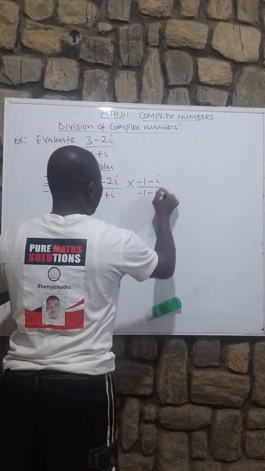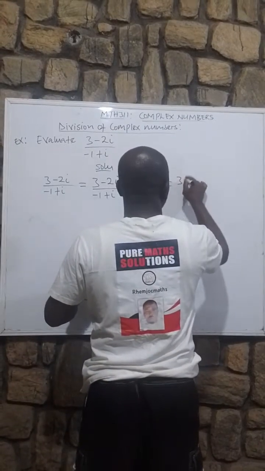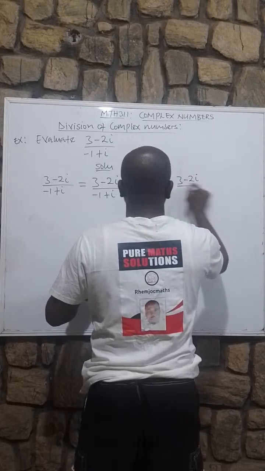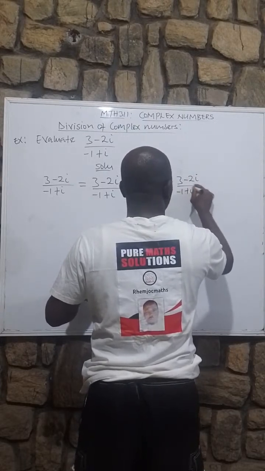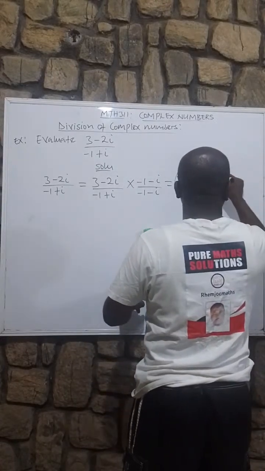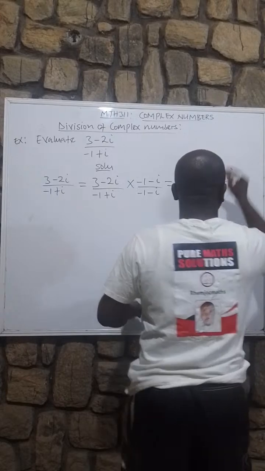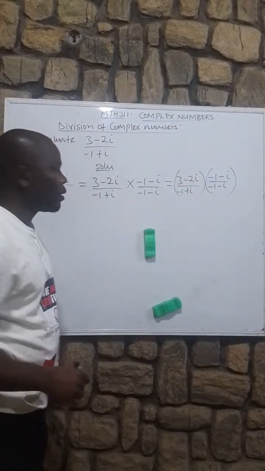So you can now see that this is 3 minus 2i all over minus 1 plus i, close bracket, times minus 1 minus i all over minus 1 minus i, close bracket.